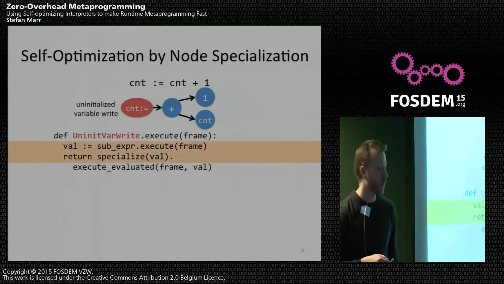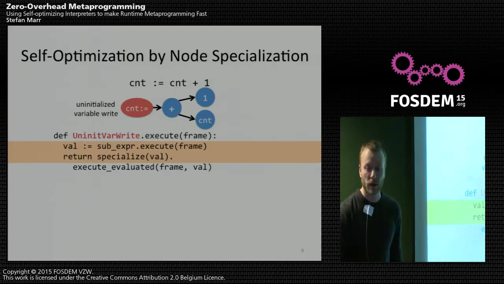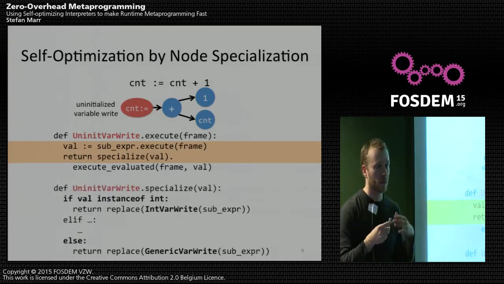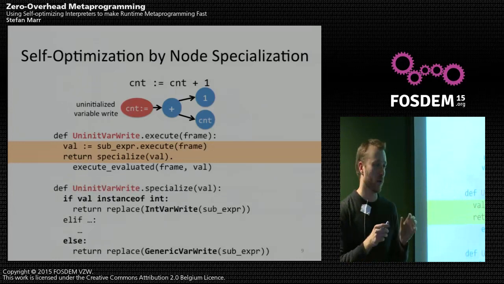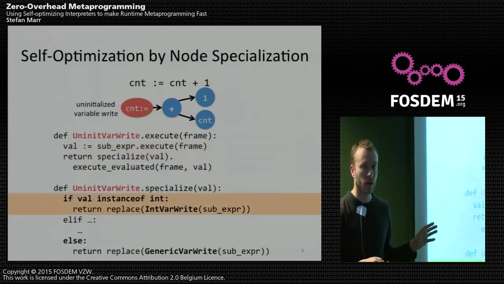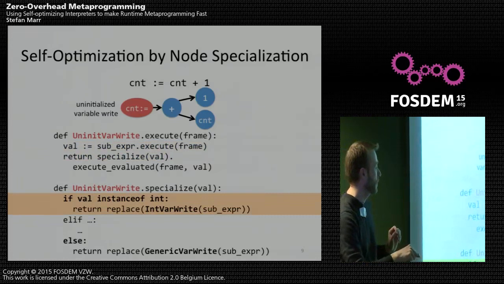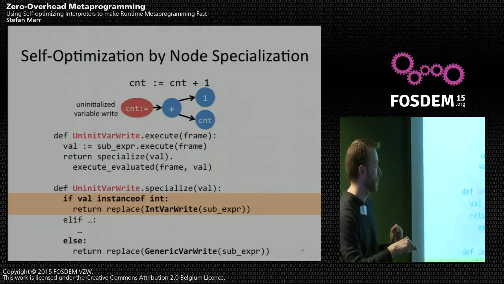And that node, when it executes, will still execute a sub-expression first, get a value, and then call a specialized method with that value. In that specialized method, we as a language implementer can decide on the heuristics we want to use to optimize our little interpreter. And in that case, I decided, okay, I want to use a type, and then actually provide a specific type for the instance variable, for the type integer.